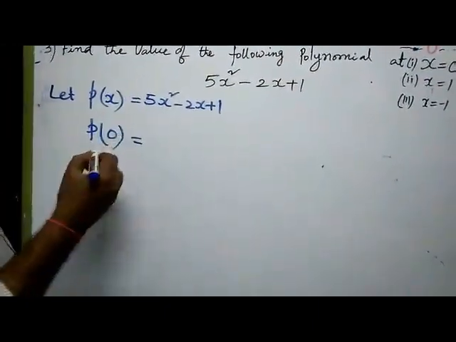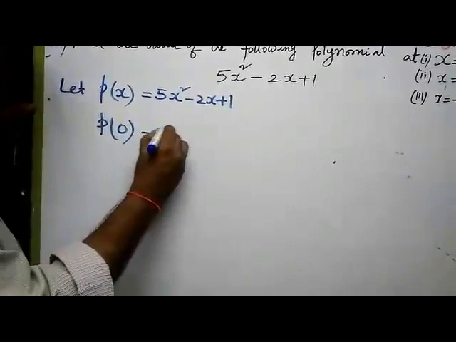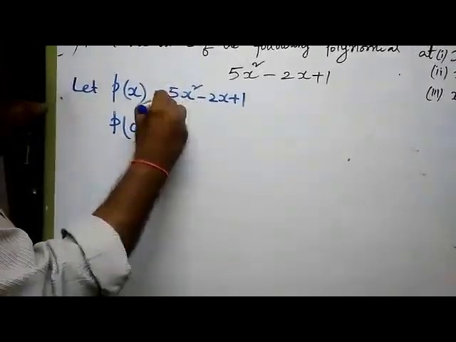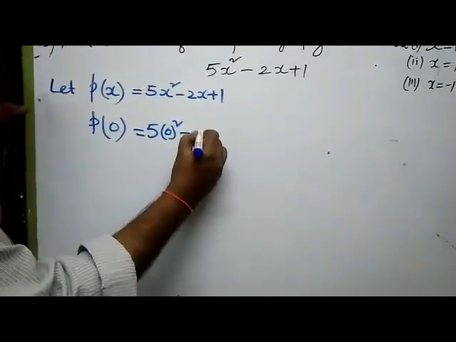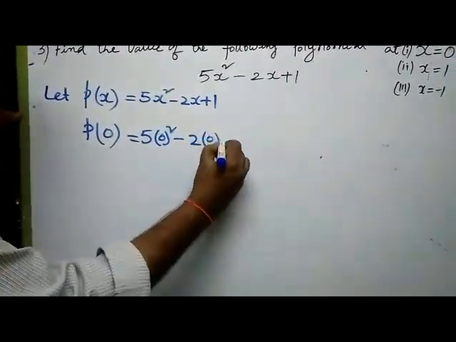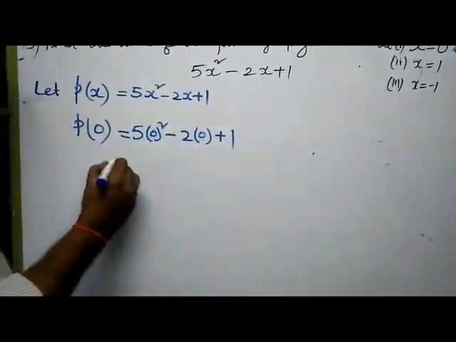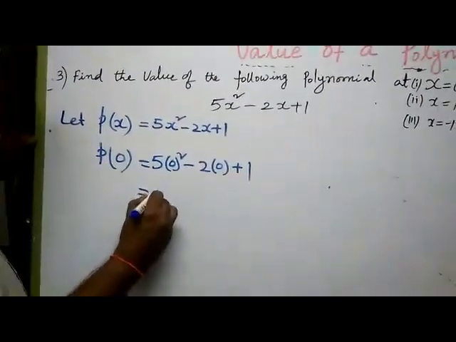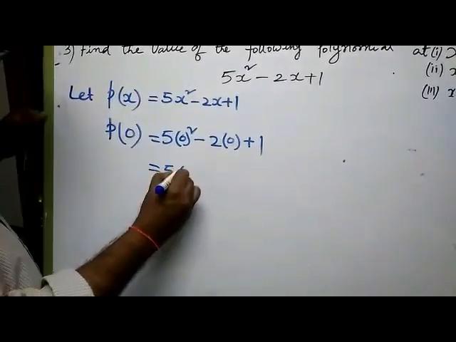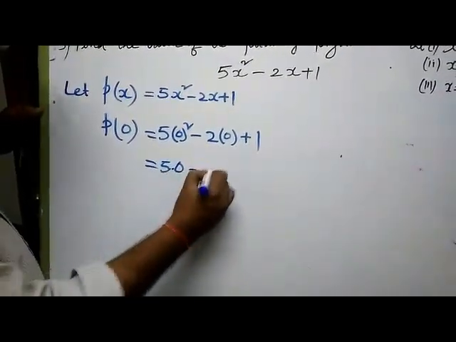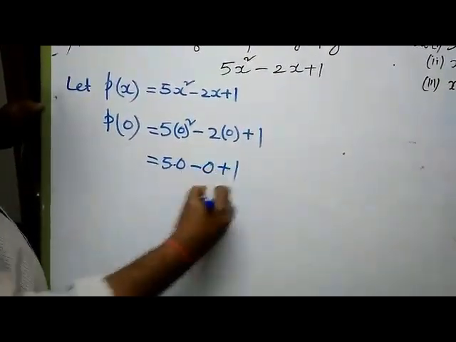P of 0 is 5 into 0 square minus 2 into 0 plus 1. Then 5 into 0 square value is 0 into 0, 0, 5 into 0 is 0, minus 2 into 0 is 0, plus 1.